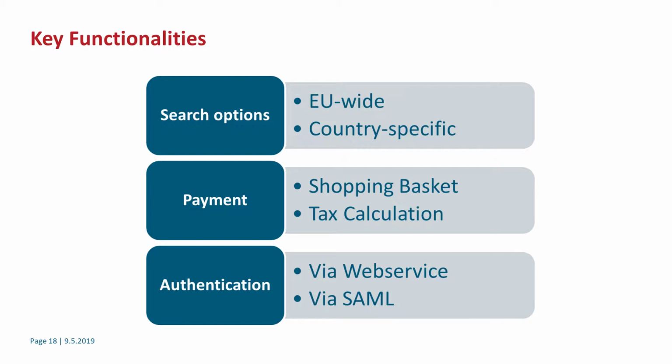So also for the authentication, as it is not the easiest issue, we will have a separate presentation in the afternoon. But I would say these are the key functionalities we have to cover within the LRI project. So there's search options, the payment, and the authentication.